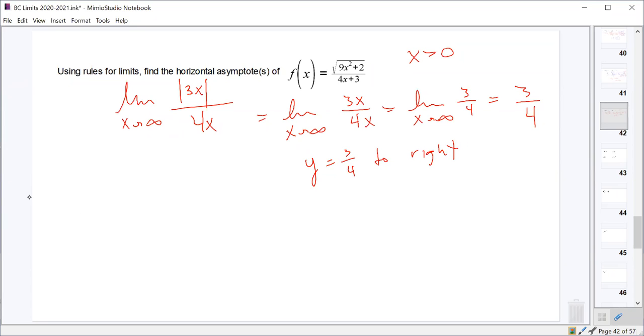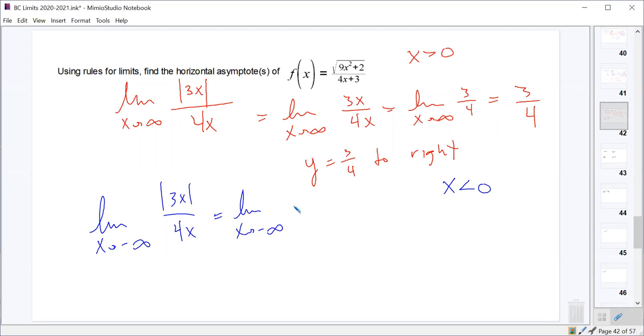But when we do the limit as x approaches negative infinity, since x is less than 0 now, when you take the absolute value of 3x, you're taking the absolute value of a negative, which means you take the opposite sign of it, negative 3x over 4x, which gives you negative 3/4.